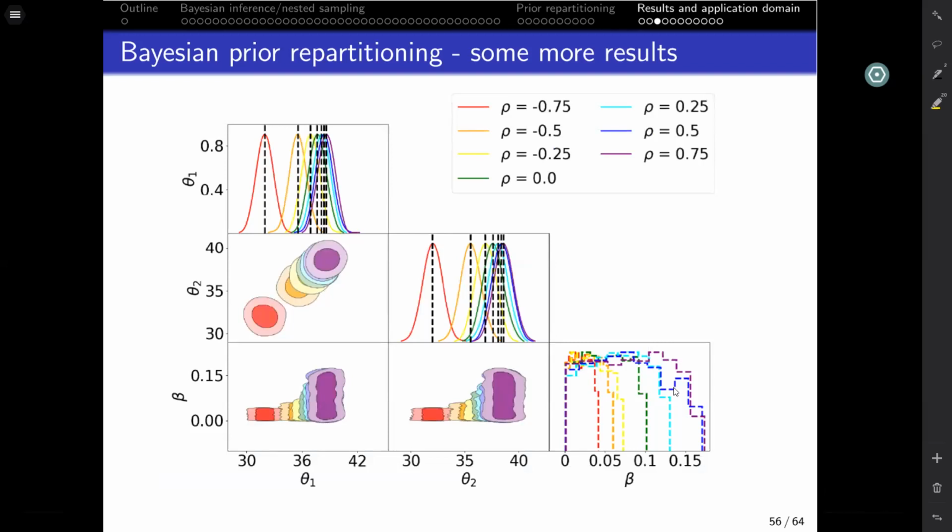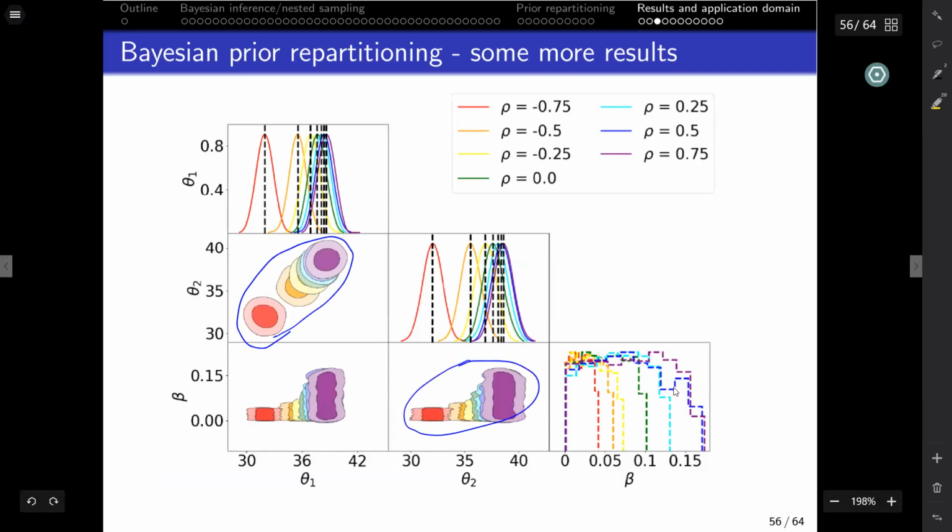Okay, so for different correlated cases, these methods can still do a good job. As you can see, for the beta case, this is the theta 2 case, and theta 1 to the beta and theta 2 to the beta case, they are doing the expected drop.